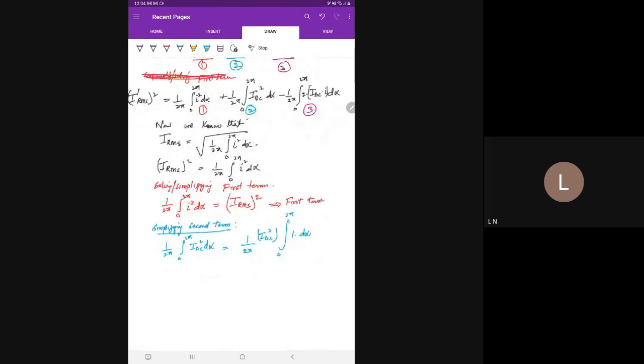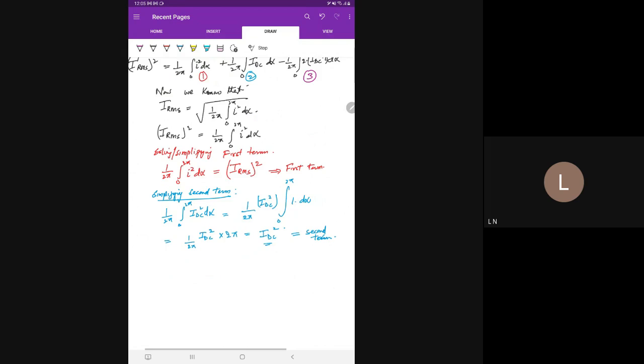Once we simplify this integral, we have 1 by 2 pi, IDC square into 2 pi, which is equal to IDC square. So finally, we can replace the second term by IDC square.